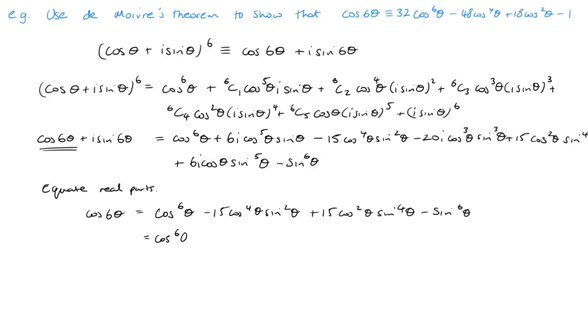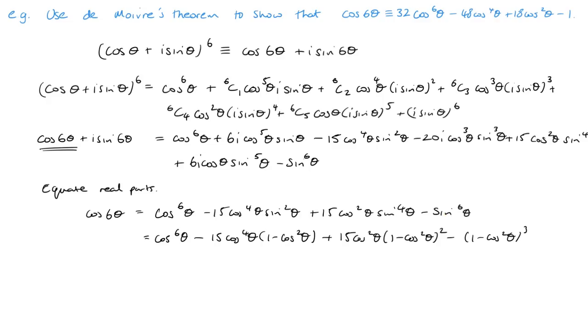So this is cos^6 theta minus 15 cos^4 theta (1 minus cos squared theta) plus 15 cos squared theta (1 minus cos squared theta)^2, minus (1 minus cos squared theta)^3.